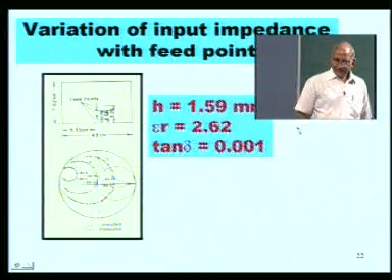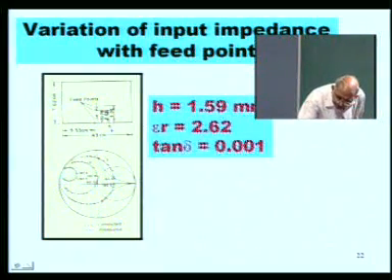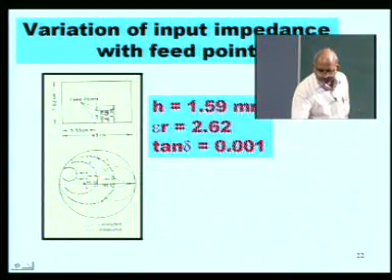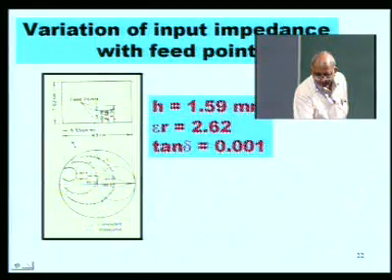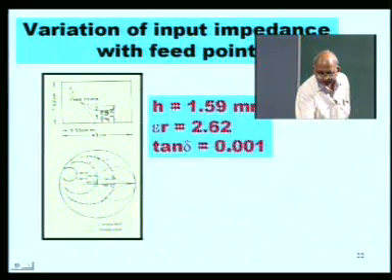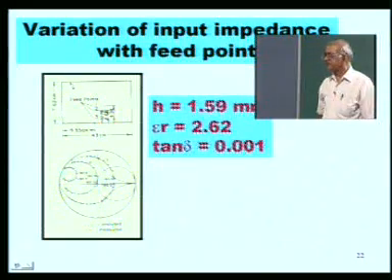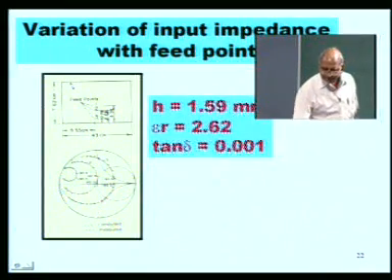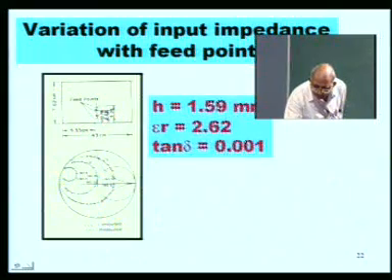It has been designed, I think, for something around 1100 megahertz, and it is being fed along this dimension. So, this is the dimension which determines the resonant frequency, 7.62 centimeter, and there are 3 feed points: 1, 2 and 3.